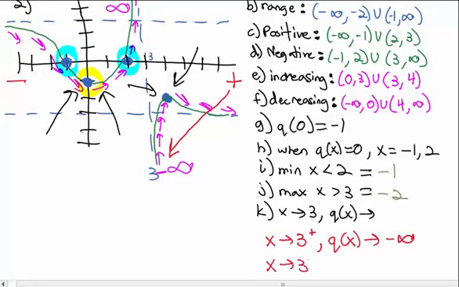Versus if x goes to 3 from the negative side, from the negatives it's going up to positive infinity. Q of x is approaching positive infinity.